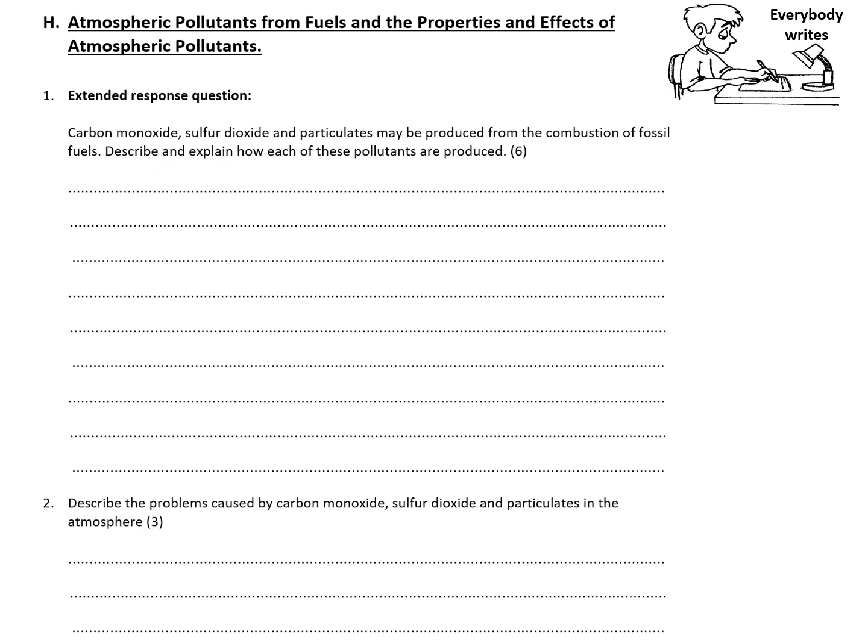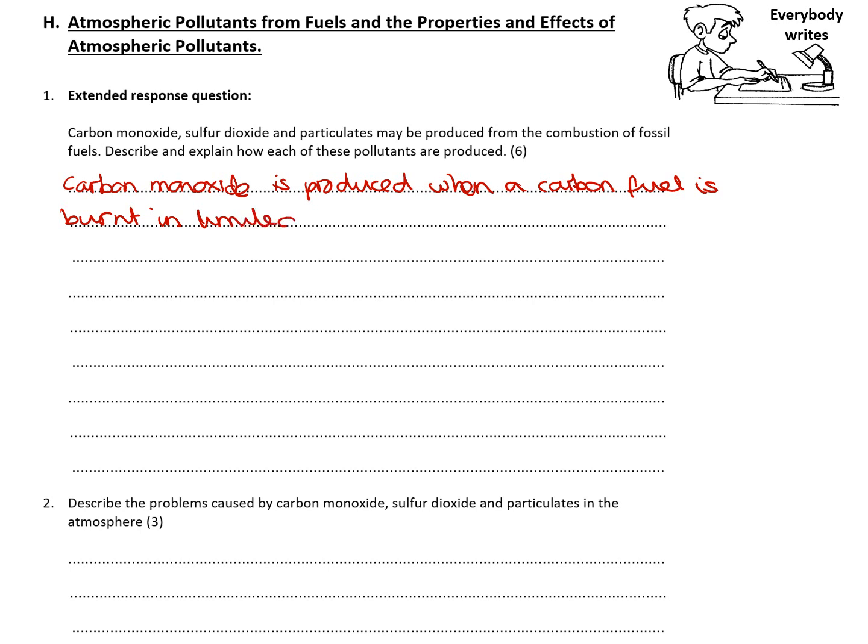Okay, so it's time to green pen. Question 1, we're going to work through each gas or each pollutant individually. So to start with, carbon monoxide is produced when a carbon fuel is burnt in limited oxygen, or the idea there isn't enough oxygen.